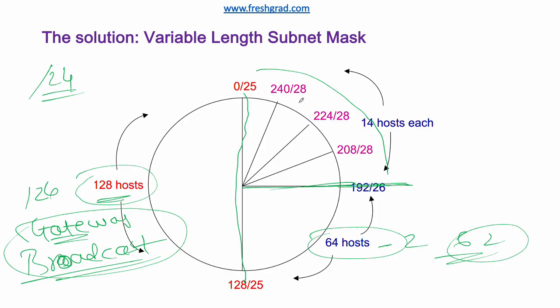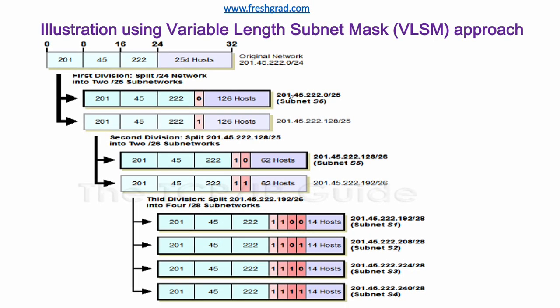Okay, this is another level of looking at the same concept. And now let's look at the same example one more different way. Again, this is the same example, 201.45.222.0. This is our original network /24.